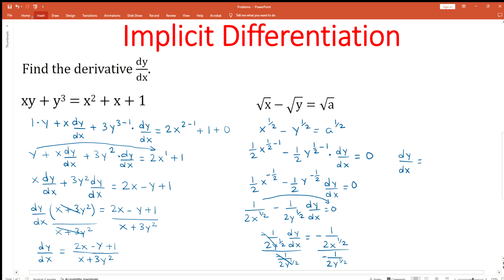We can simplify this expression by writing it as a division statement. Next, we should change this division statement into a multiplication statement and flip the second fraction, negative 1 over 2 times y to the power half, to negative 2 times y to the power half over 1.